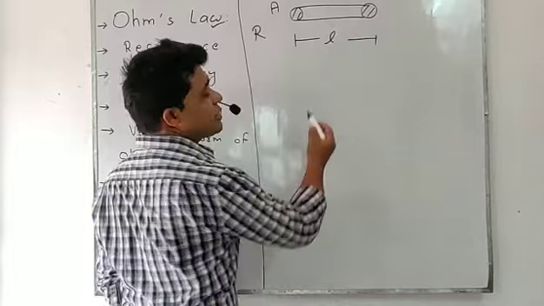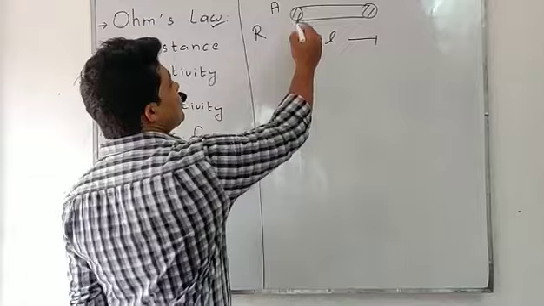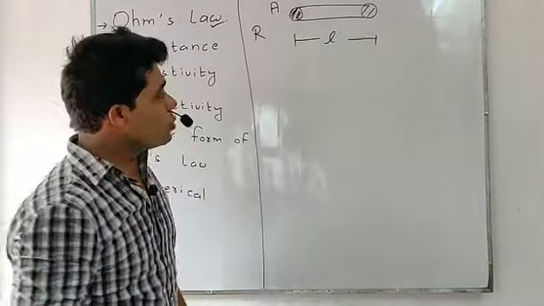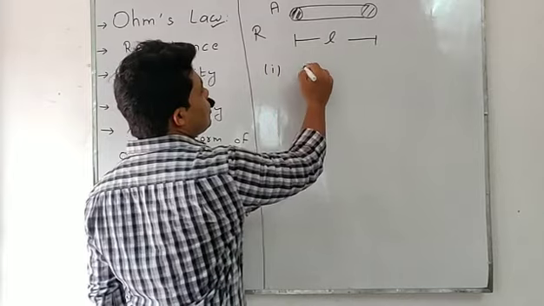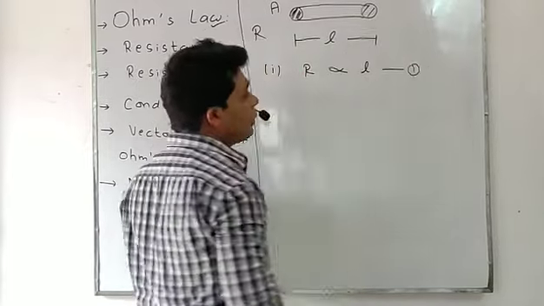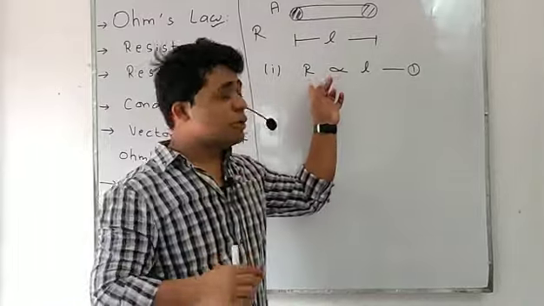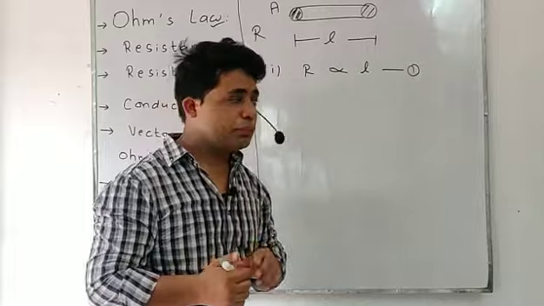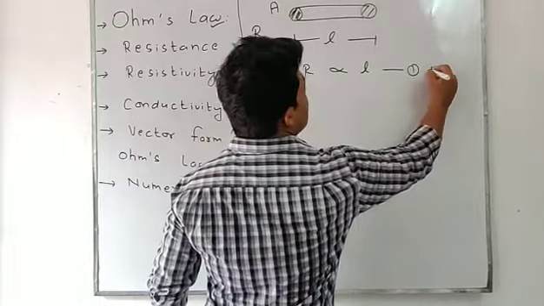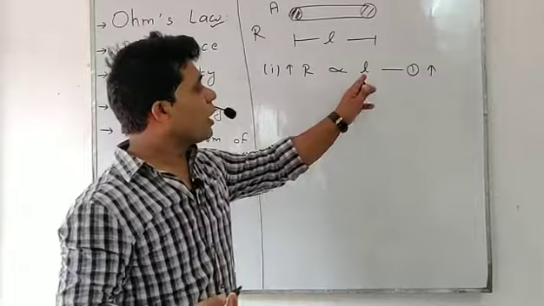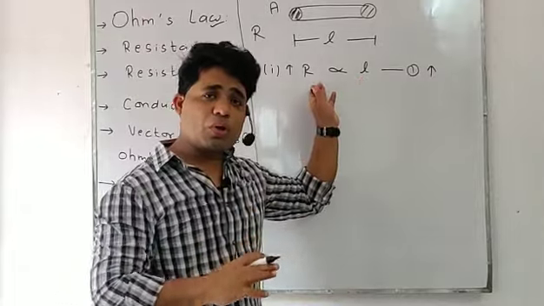The resistance of a conductor wire mainly depends on two factors. This is the conductor, its length small l, its area of cross section is A, and resistance R. So first of all, resistance of a conductor wire is directly proportional to the length. It means for a long wire resistance will be more, and for a short wire resistance will be less. On increasing one factor, the other factor will also increase, and on decreasing one factor, the other will also decrease.